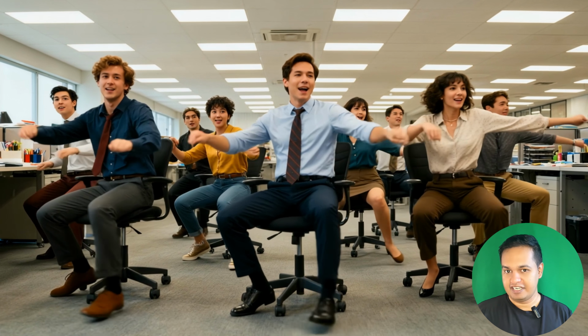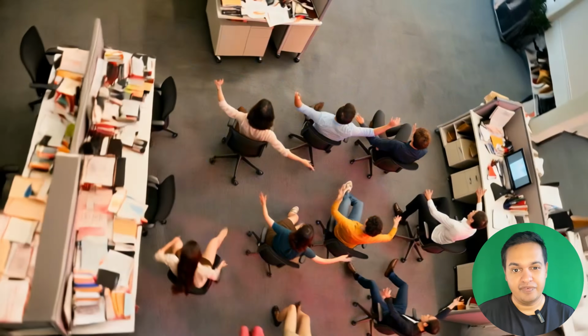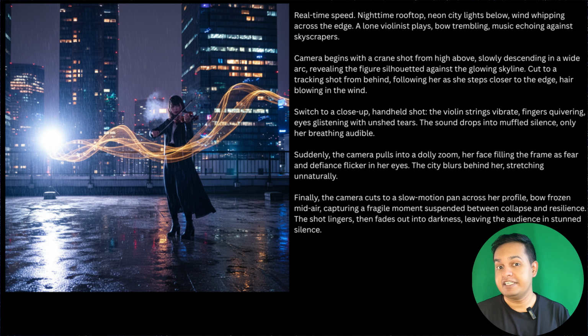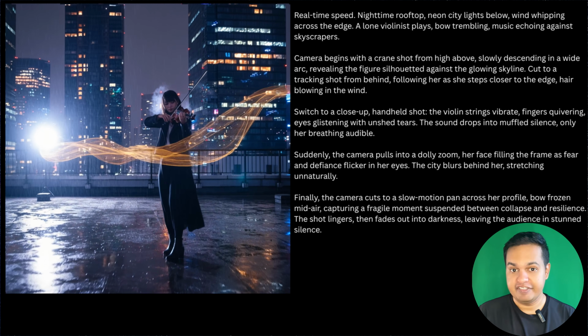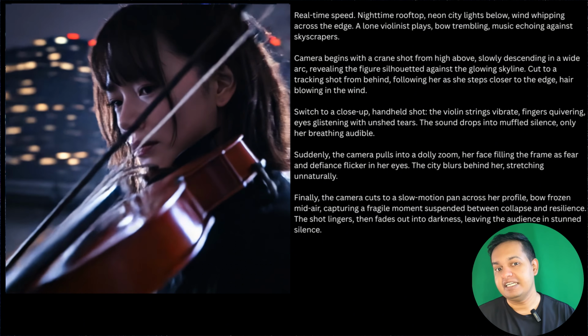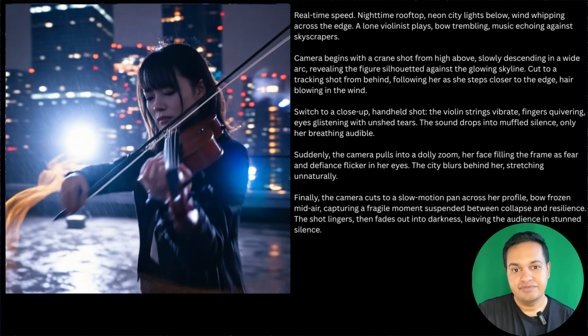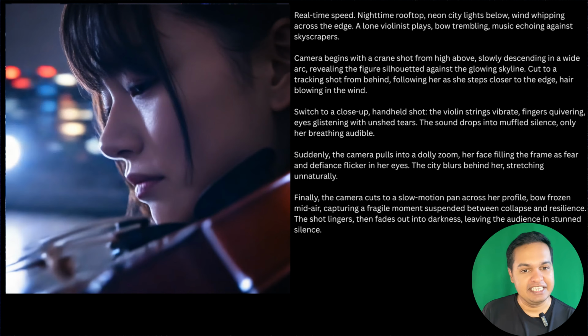Camera control. Alright, let's talk about camera control, one of the most exciting parts of Kling 2.5. For this demo, we gave it a pretty detailed prompt packed with multiple camera instructions. Here's what it includes. Starting with a crane shot from high above, descending in a wide arc, then cutting to a tracking shot from behind, following her steps as her hair blows in the wind.